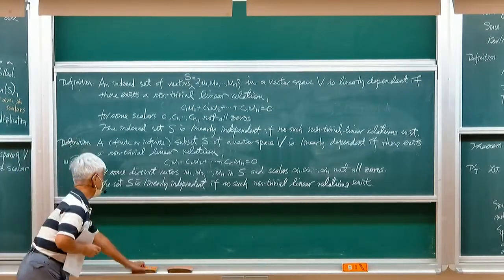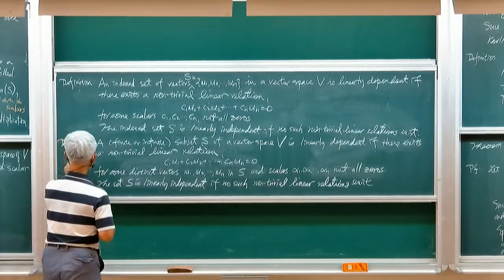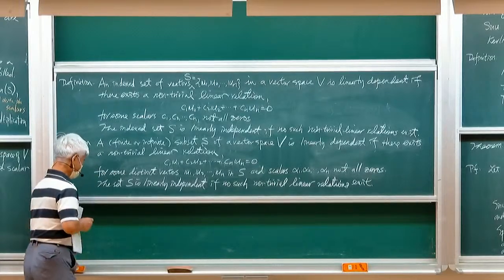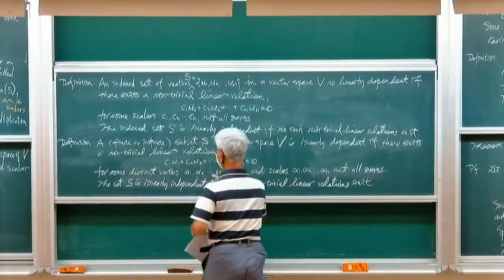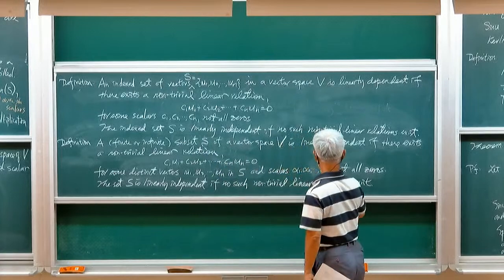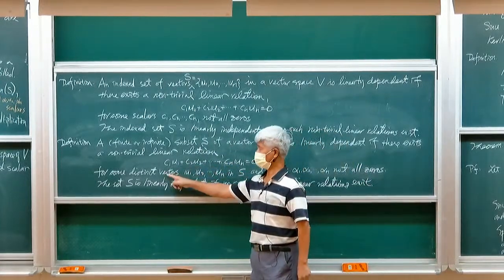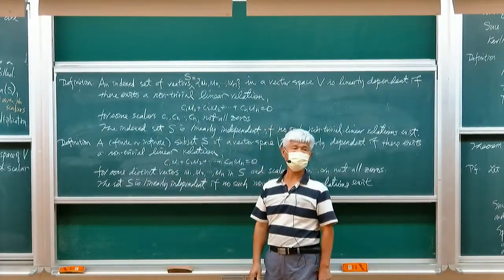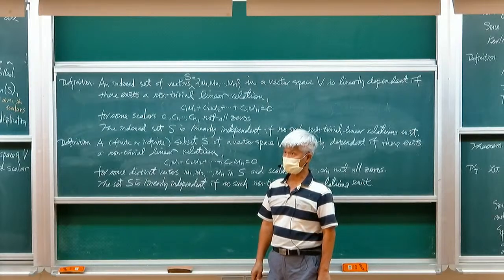But it's not allowed, right? It's too cheap to say that. So for an ordinary set, the vectors you select must be distinct vectors. This is a requirement.